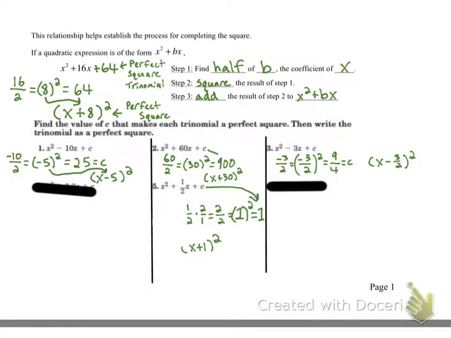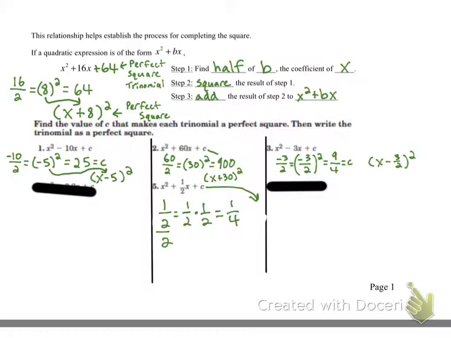Actually, when you divide a fraction by 2, hopefully you caught this correction. When you divide a fraction by 2, it's the same thing as multiplying it by 1/2, which would give you 1/4.